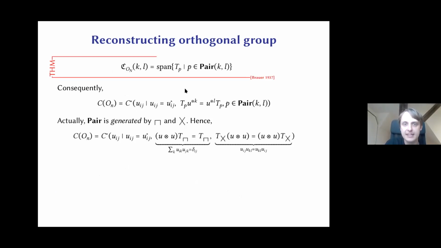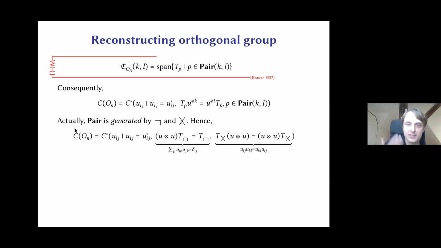Okay, and now let me recall what I just said on the slide before, that the orthogonal group, thanks to the Brauer duality, can be described using those intertwiner relations like this. So I take all the possible pairings that I can think of, and put them as a relation in my C-star algebra.